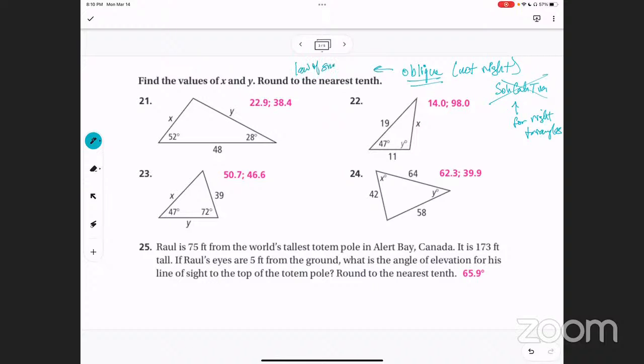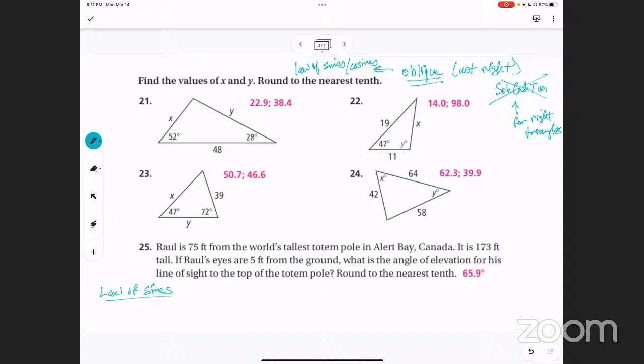Have you learned these yet? No, not really. All right, so here's the law of sines. I'm going to write these down here. I'm basically teaching you a week's worth of material in 5 minutes.